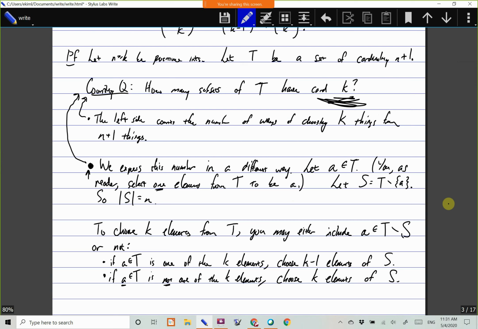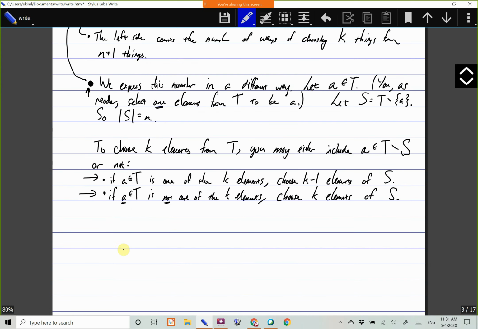So take a look. Either this process occurs or that process occurs, but not both, right? So the total number of ways to do this is, by the sum rule, the first part here: a was one of the K elements, so that's already fixed, right?